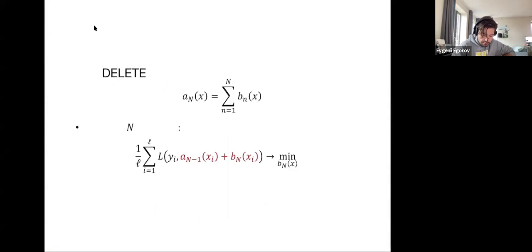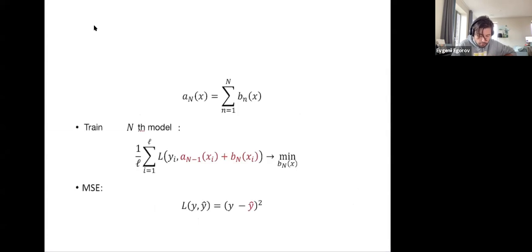The first case, which will be easier and will provide intuition for how to do this: let's take the simplest loss, the MSE loss. Can we do something with this? Again, we have our optimization problem, and we consider MSE loss.